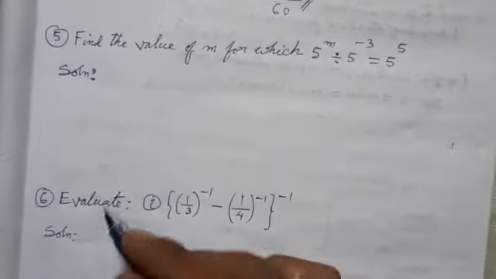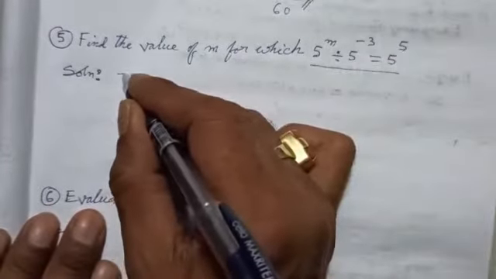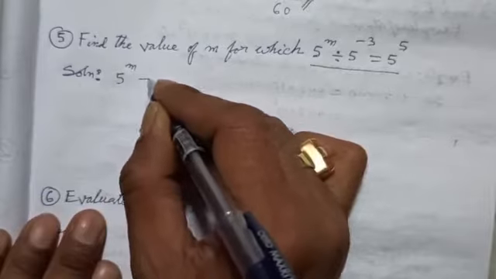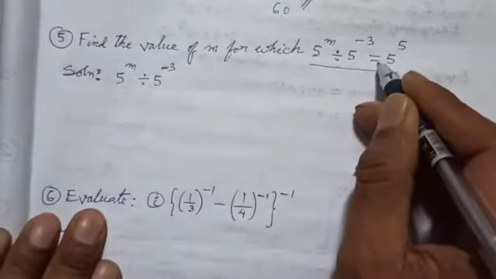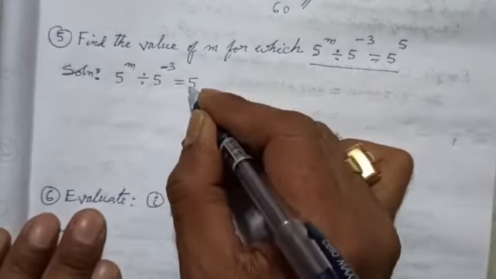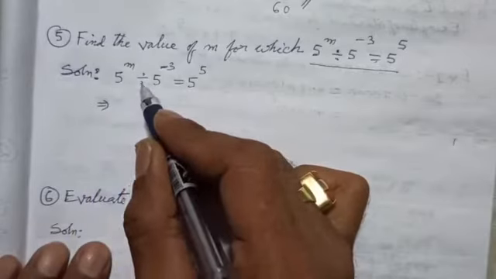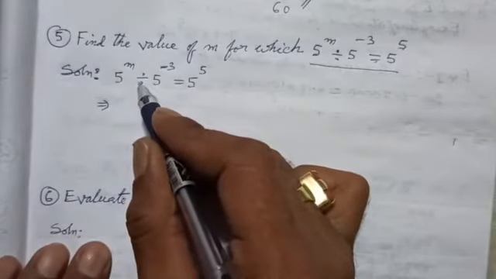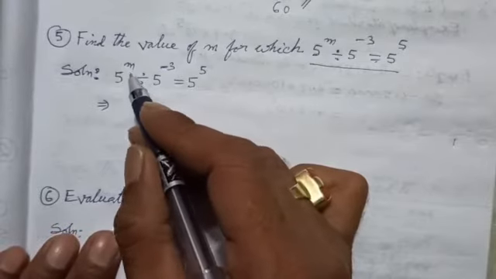Solution. So write this now. 5 to the power m is divided by 5 to the power minus 3. This is equal to 5 to the power 5. Okay, now next steps. If there is divide, then according to the laws of exponent, we have to subtract the power.